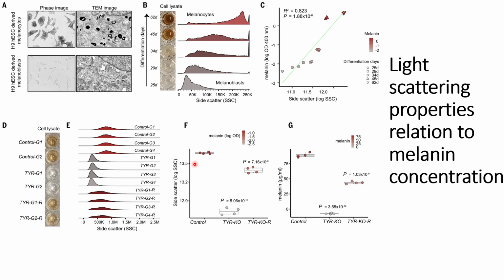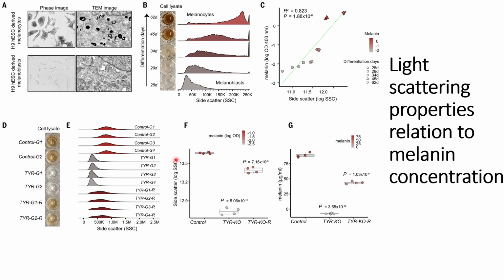Later on they quantified these side scattering signals using a box plot, and they can see that in the control experiment there is a high level of side scatter, whereas when the tyrosinase is knocked down they can see the reduced level of side scatter, not the melanin.